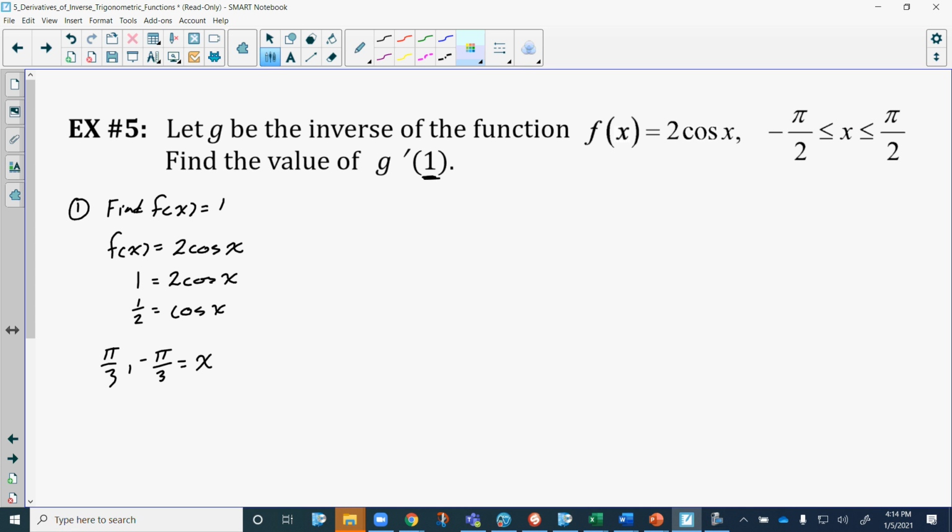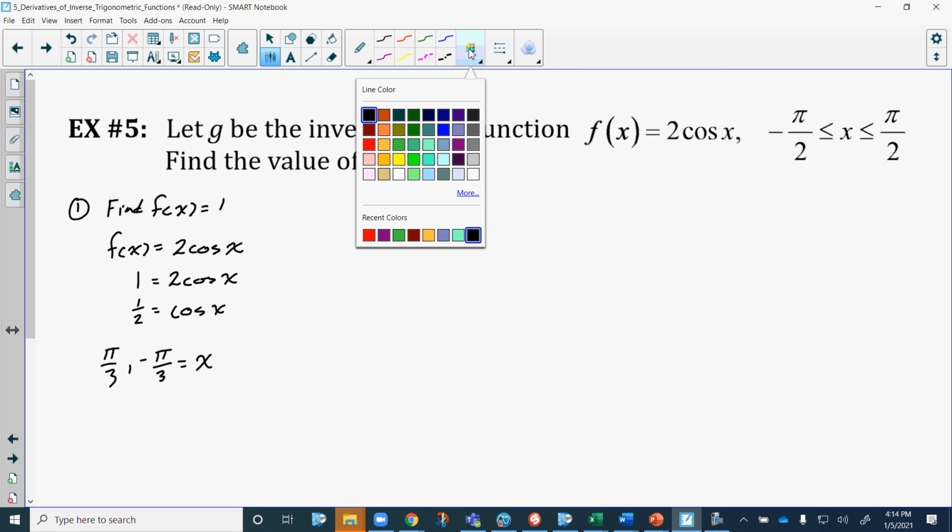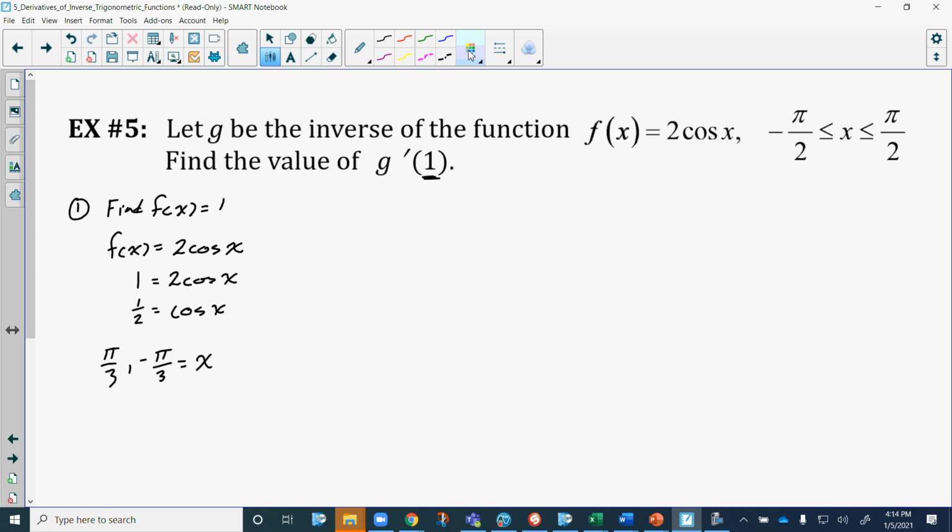Now we have some x values that we can work with, and so let's take a look at what I need to know next. Now that I have that, what I'm going to look at is based off of the fact that we know that we have some inverse functions here. They're telling us that function g is equal to the inverse of function f.